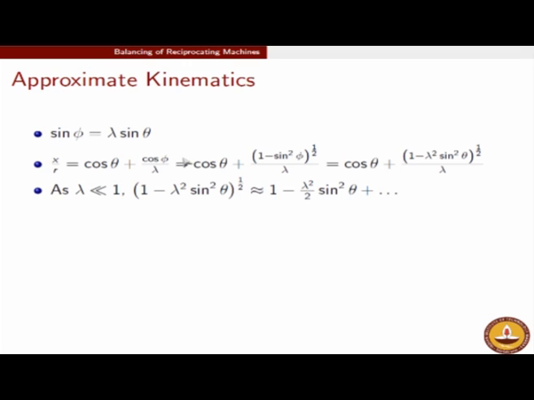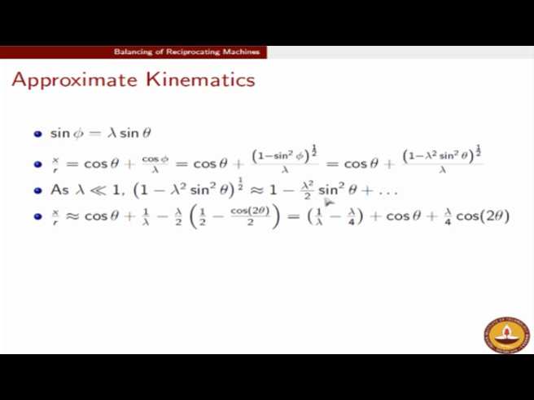In practical situations, this value lambda turns out to be very small, of the order of 1 by 3 or 1 by 4, and therefore whenever we see lambda, we can invoke this assumption that lambda is small. As a result, a binomial expansion is possible, and in this binomial expansion we choose to keep only terms of the order of lambda square, and then we get the kinematics appropriately reduced.